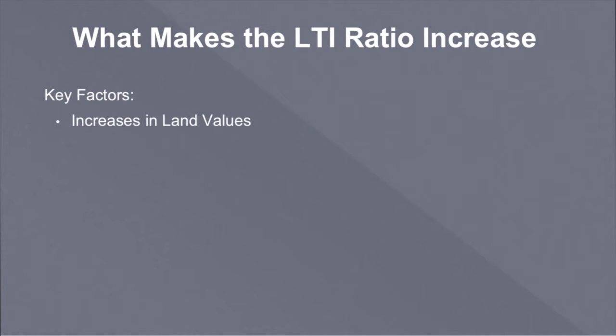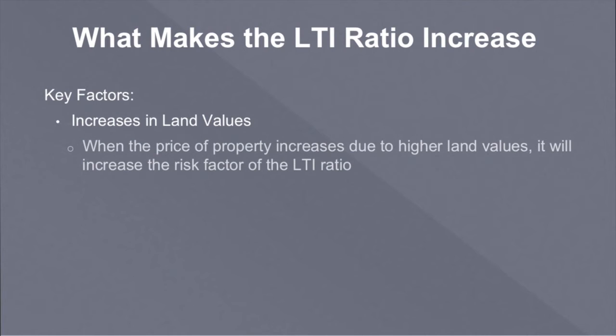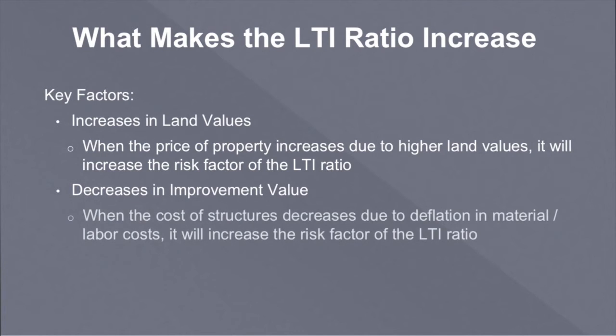So the key factors are increases in land values. This is what makes the LTI ratio increase, or at least the land component increase. When the price of the property increases due to higher land values, it will increase the risk factor in the LTI ratio. Then the decreases in improvement value in relation to that, right?